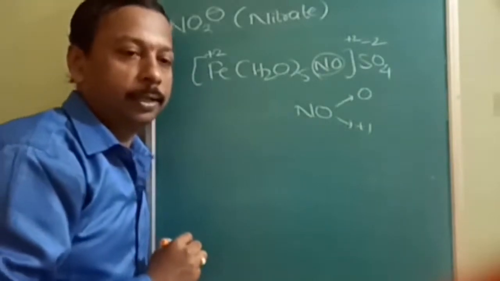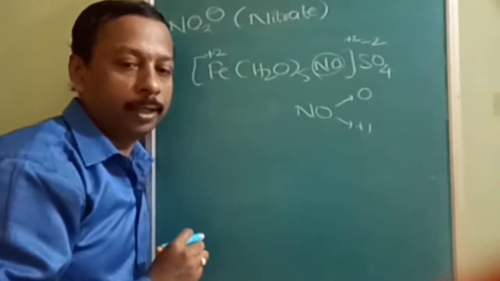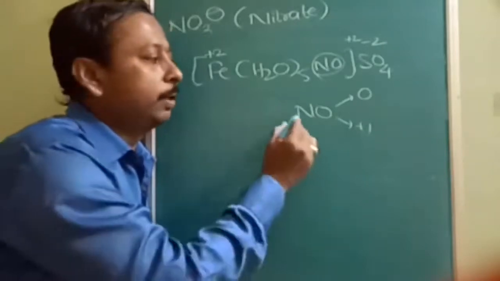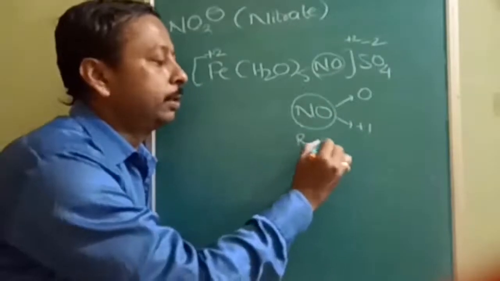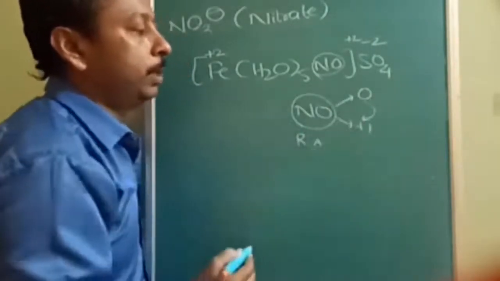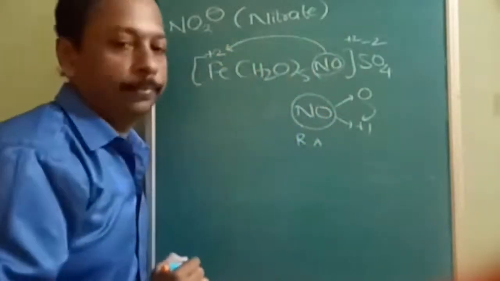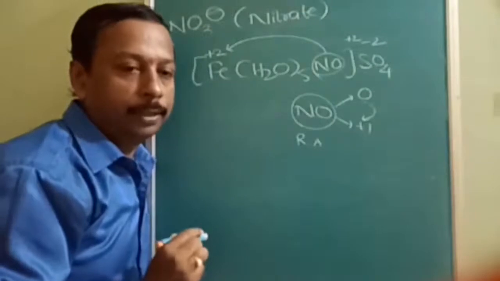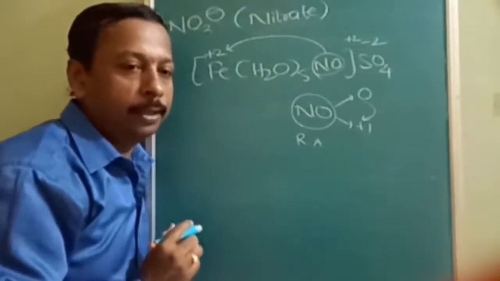Brown color is just because of reduction. Who is making the reduction? NO. NO is a reducing agent. It itself will oxidize from 0 to plus 1, and that electron will be transferred to the iron. Questions will be there in the advanced examination and AIIMS examination like that.